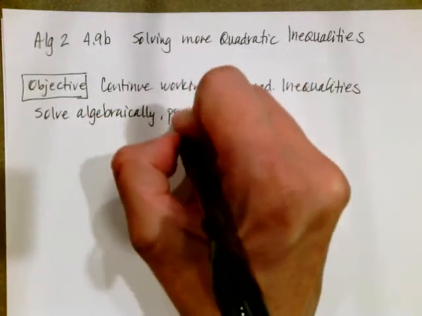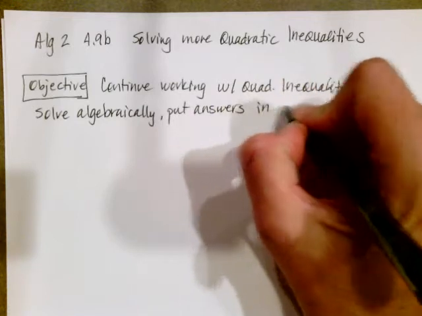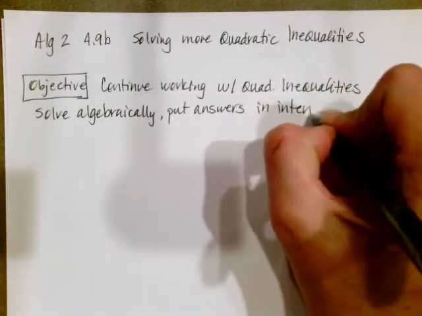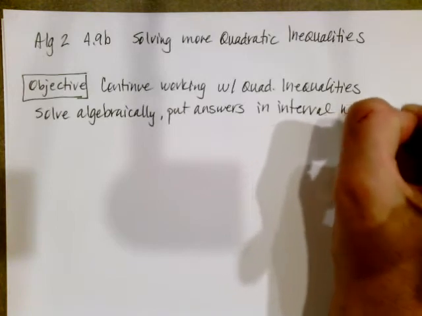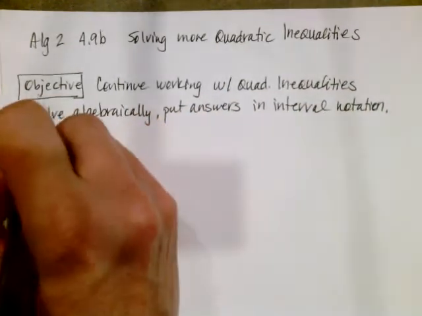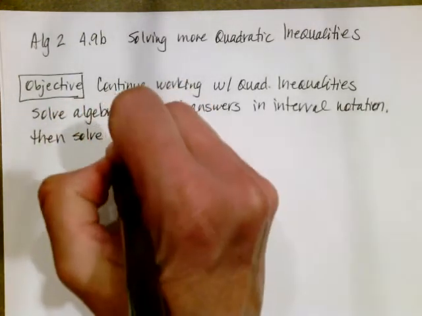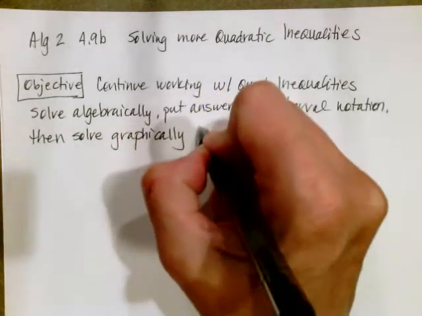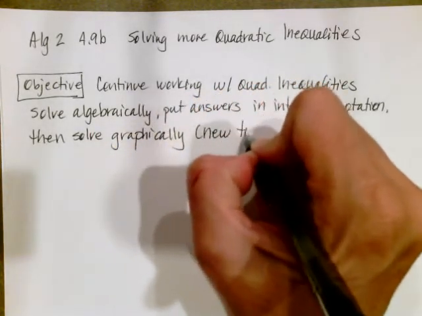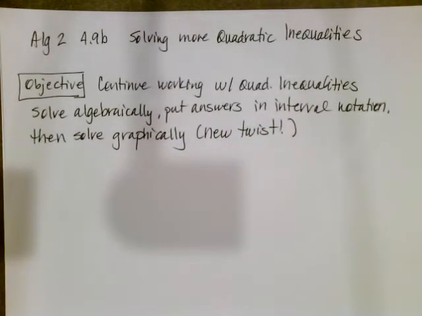We're going to put our answers in interval notation. And then we're going to solve graphically. And our graphical approach is going to have a new twist, which is kind of cool.